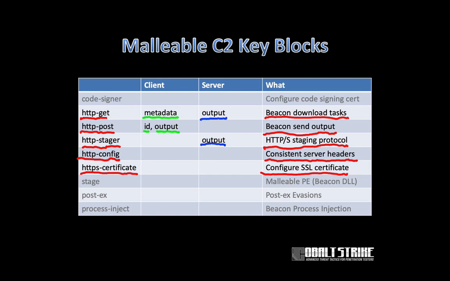And there's a few other ones here: stage, postx, and process inject. We'll go into those with more detail later. A code signer, I'm not going to mention in this course, unfortunately, but I recommend you take a look at it. This is a block where you can configure a code signing cert, because Cobalt Strike, when it exports an executable or DLL, does give you the option to sign those files if you have a code signing cert.